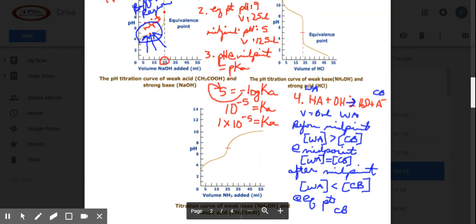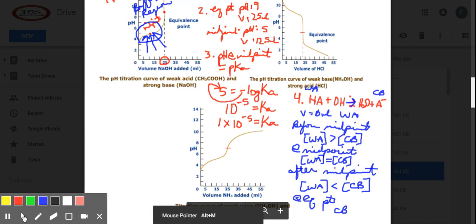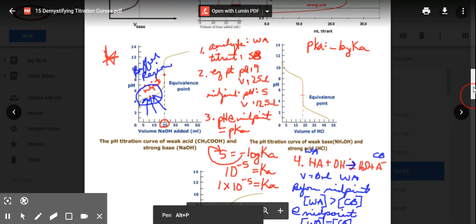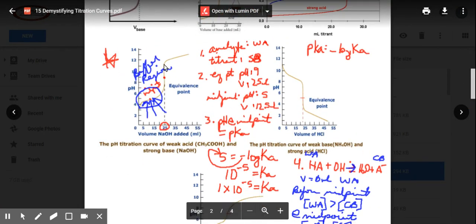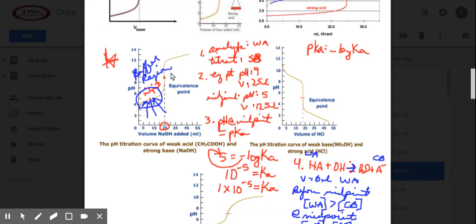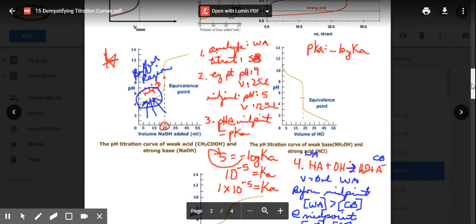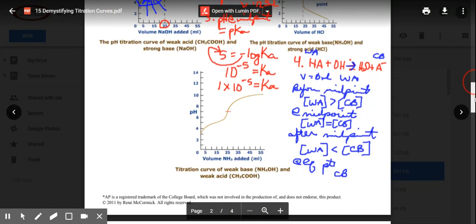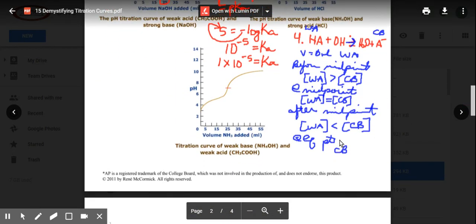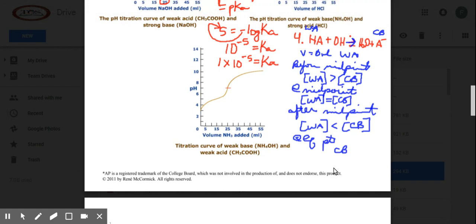Now, one more thing. Let me scroll back up so you can see. You see how after the equivalence point, you're kind of leveling off again here, right? Well, the reason why that is happening, no, you do not have a buffer there. That is not a buffer region. What's happening is you have just conjugate base there, but you're adding more of the strong base.